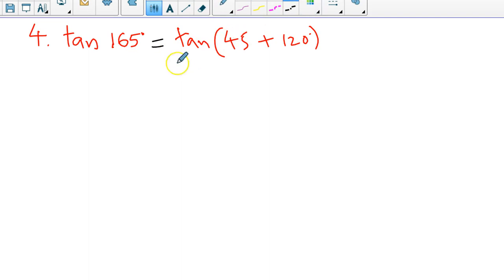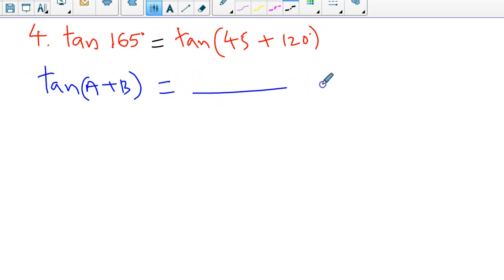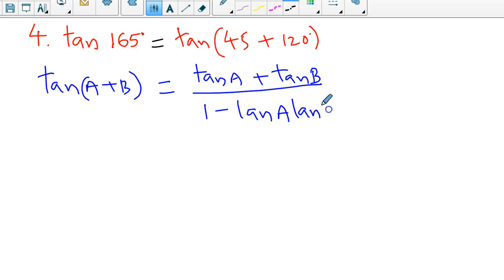Now we have that formula for tan A plus B. The tangent of A plus B is equal to tan A plus tan B over 1 minus tan A tan B, right? So now substitute.